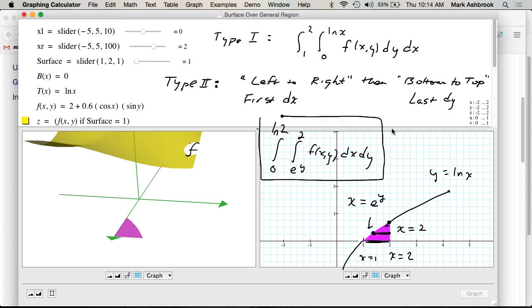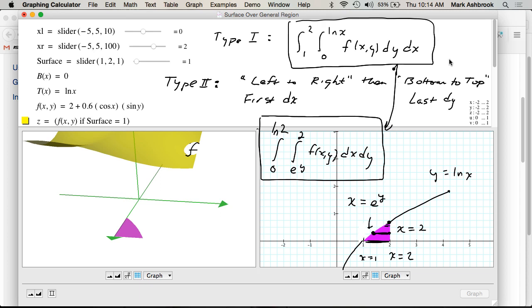So when you do type 2, your inside limits are going to be x as a function of y. And then your outside limits will be constant values of y. It has to be that way. You can't have functions on your outside integral, because then you end up with an expression, you won't get a number. And we know we're going to get a number, which is, in this case, the volume, right? But these two will give the same value.